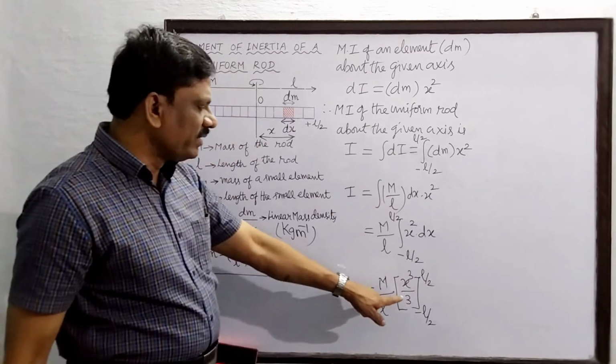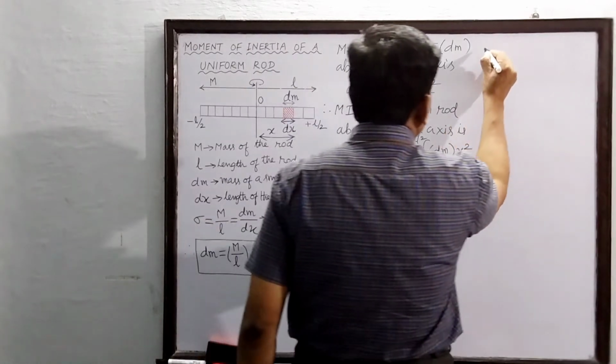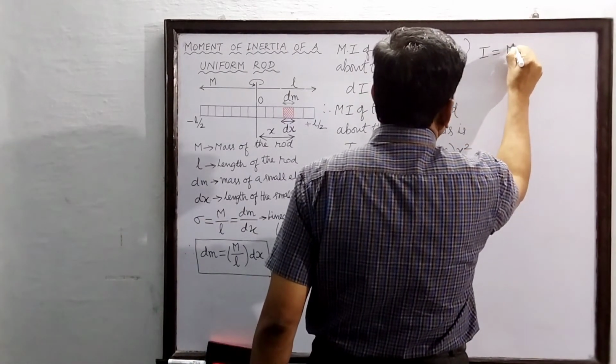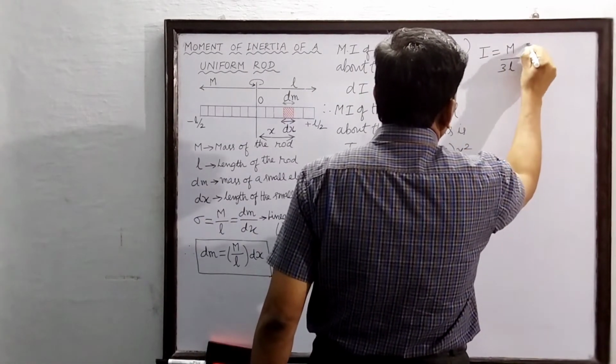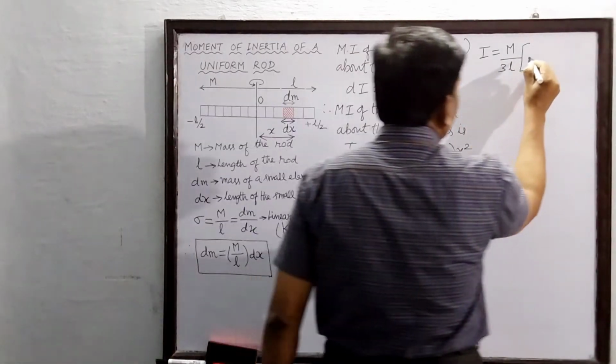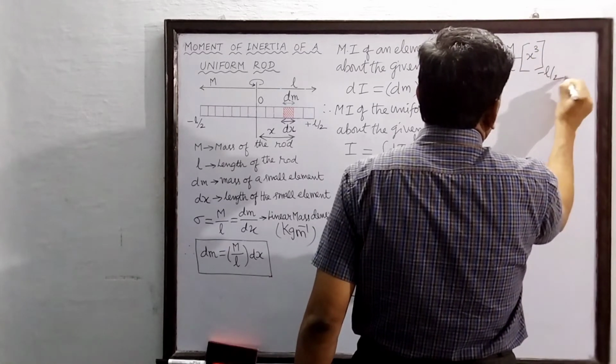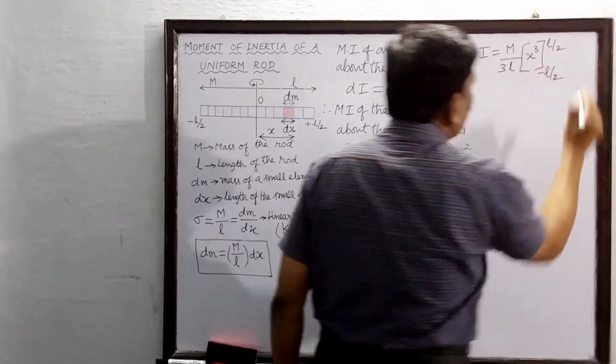So this 3 also is a constant, it can be taken out. So this is equal to M divided by 3L. Therefore, I is equal to M divided by 3L into x cube. So I am going to substitute for x, minus L by 2 to plus L by 2.